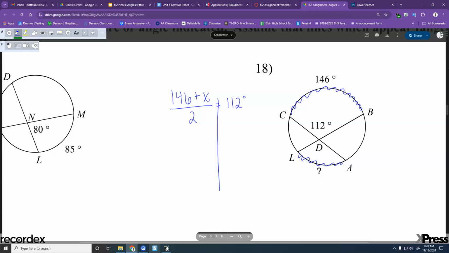And so to solve that, we could multiply by 2. 146 plus x equals 224. We can subtract 146 there, and I believe you're getting 78. Does that sound right? For your angle there, or arc, so this will be 78 degrees.